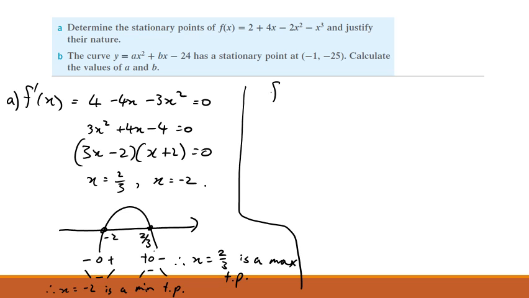I just realized I've got to solve for y. So then we have 2 minus 8 minus 8 plus 8.